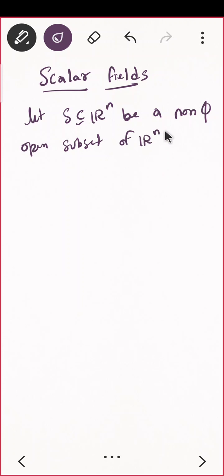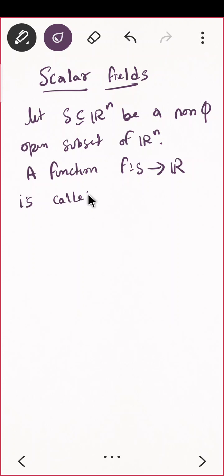A function from S to R, a function of this type, is called a scalar field.